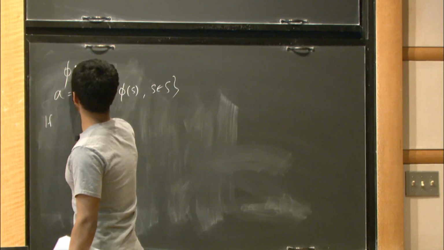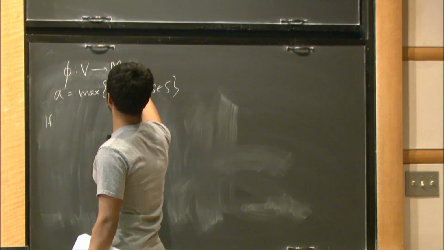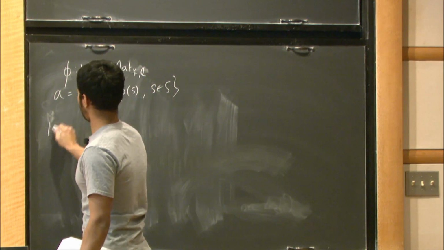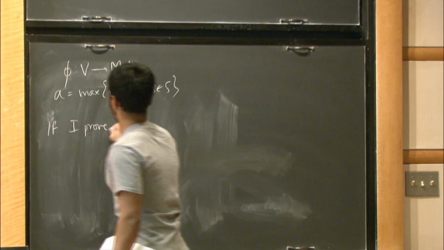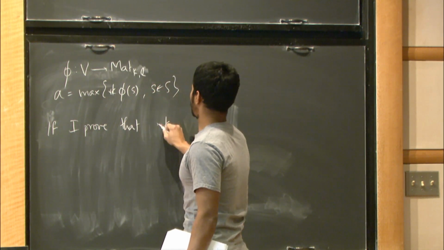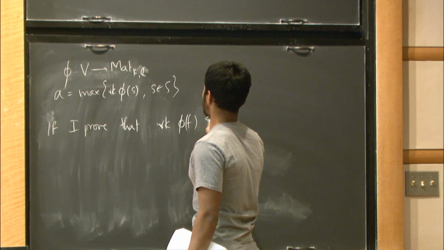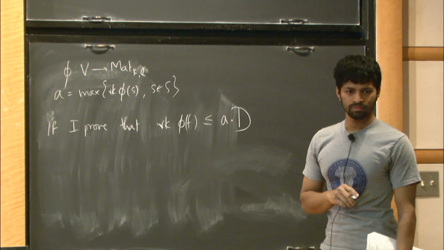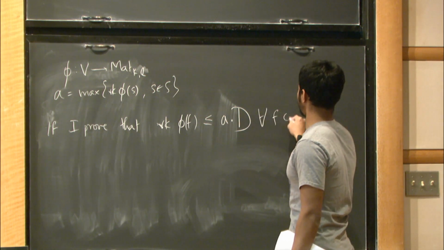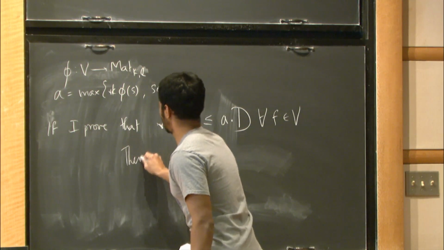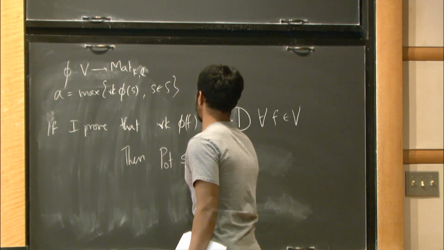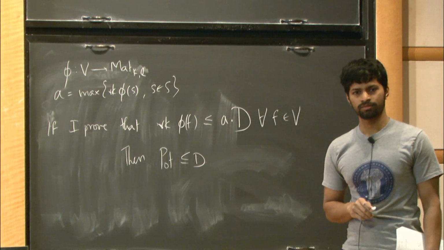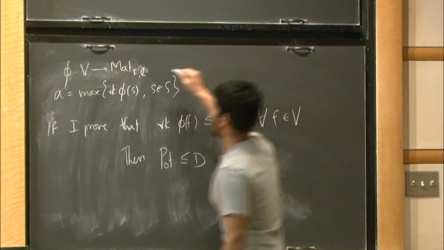Now, if I prove that the rank of phi of f is less than or equal to a times some big number d, for all f in your vector space, then the potency will be less than or equal to d. This makes sense? So I start with this hypothesis.